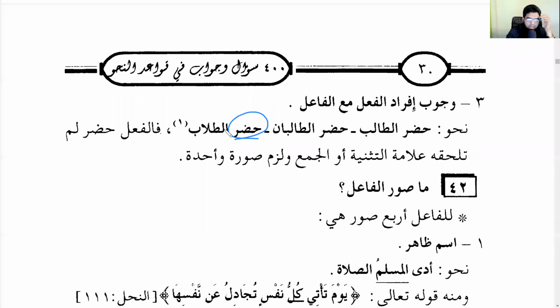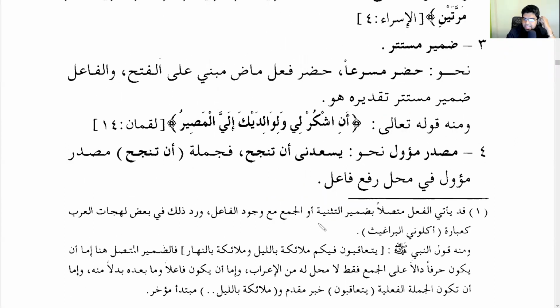He gives a hashia, a footnote. قد يأتي الفعل متصلا بالضمير التثنية أو الجمع مع وجود الفاعل. And he gives a rare case where sometimes you can use ورد ذلك في بعض اللهجات العرب كعبارة أكلوني البراغيث.